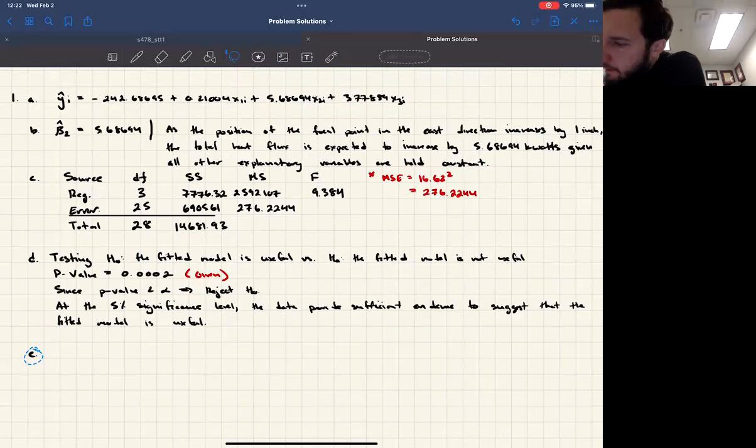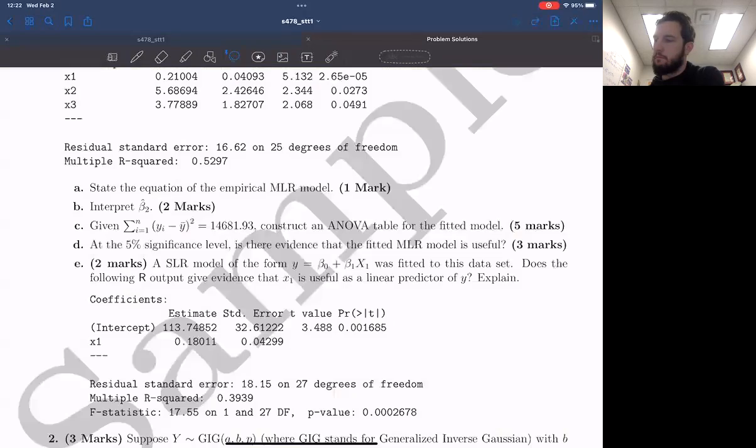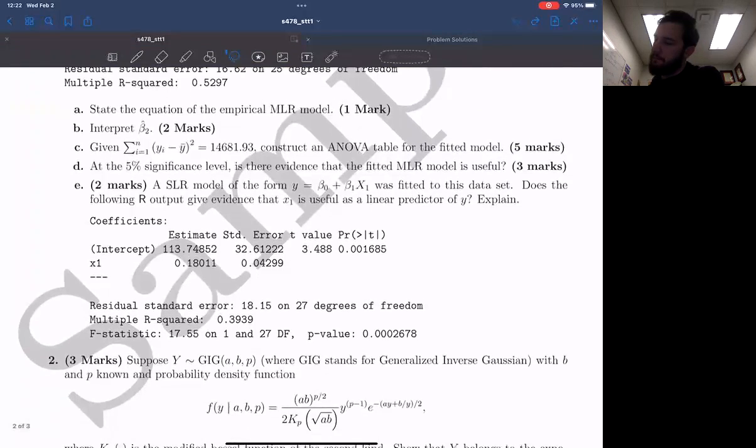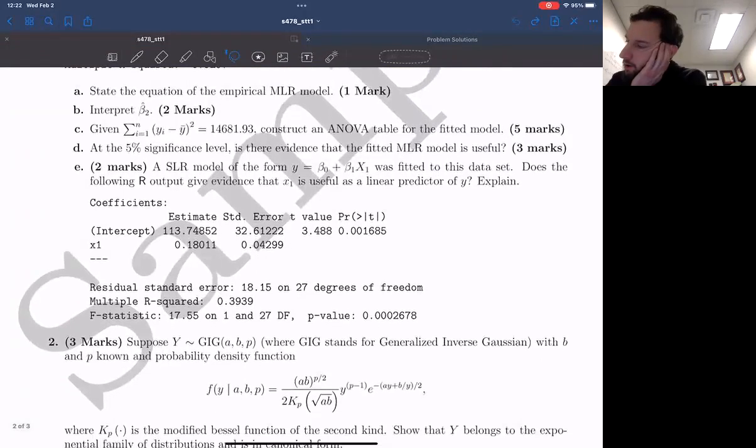All right, any questions? Okay, an SLR model of the form y equals beta 0 plus beta 1x was fitted to this data set.